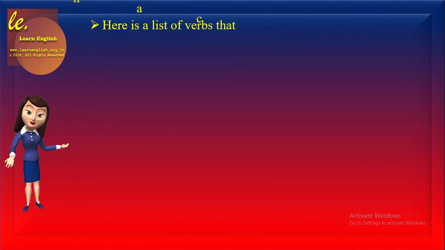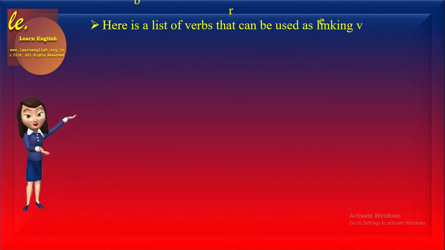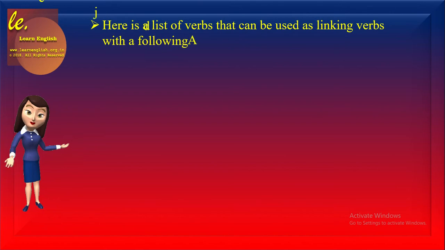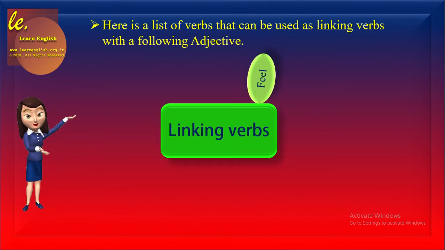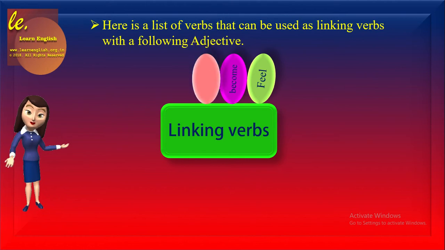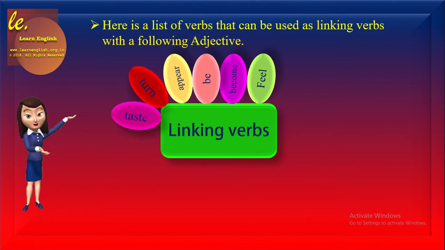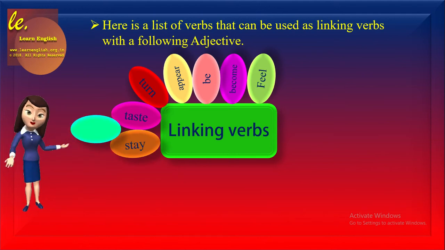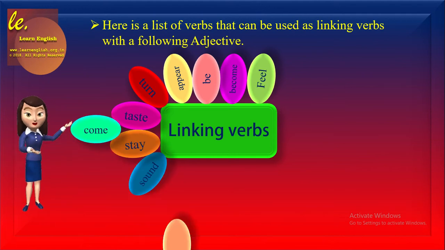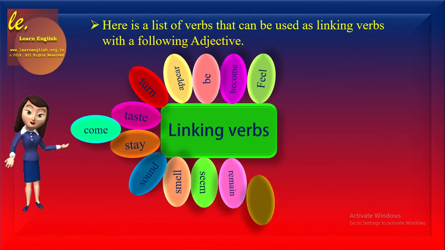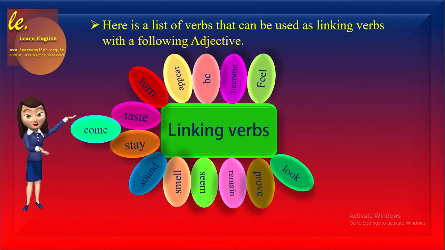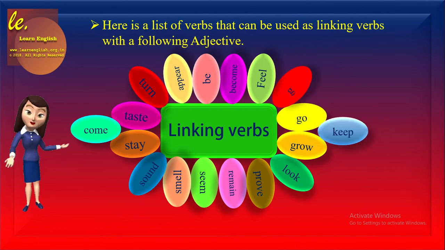Here is a list of verbs that can be used as linking verbs with the following adjective. Linking verbs: feel, become, be, appear, turn, taste, stay, come, sound, smell, seem, remain, prove, look, grow, go, keep, get.